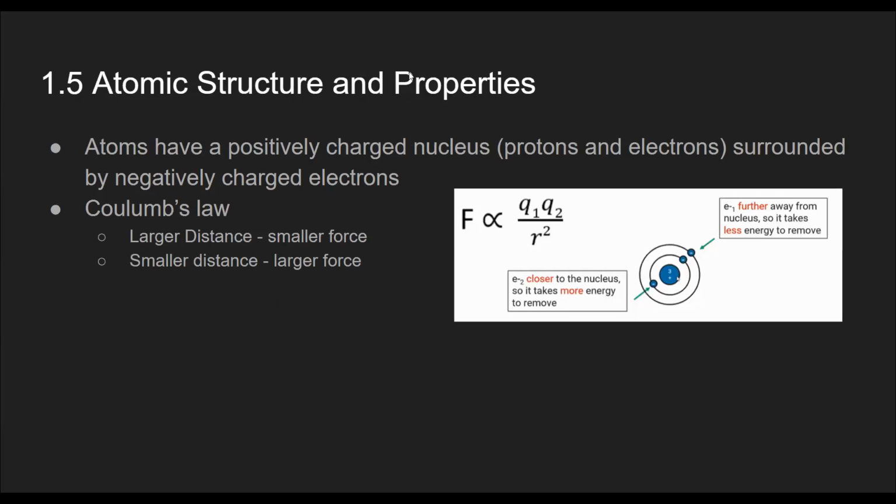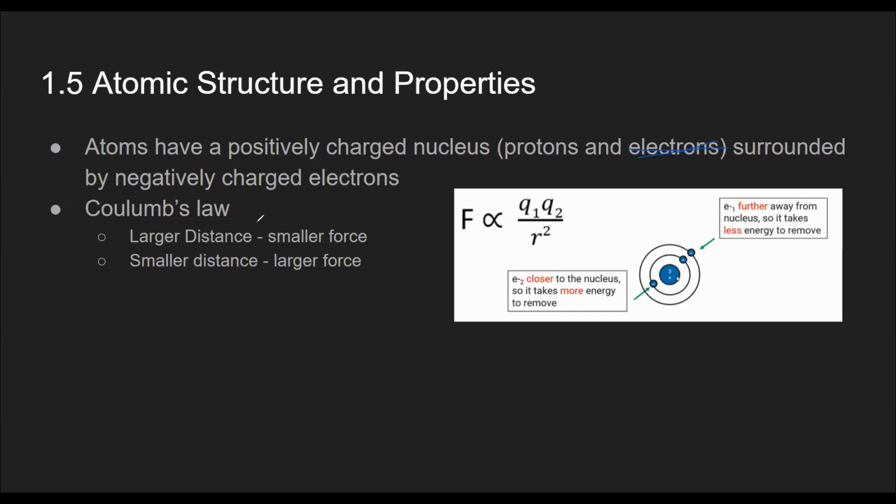So 1.5, atomic structures and properties. So atoms have a positively charged nucleus, protons and neutrons, surrounded by negatively charged electrons. So Coulomb's law is basically showing the relationship between the force and the amount and the distance between the electrons.